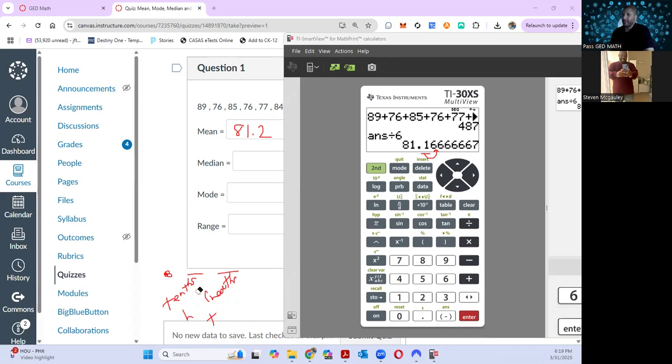For the median, we have to put the numbers in order. As I write these numbers down, I'm going to cross them out. What's the first one? 76. I'm gonna cross that out. What's my next one? The next one is 76.